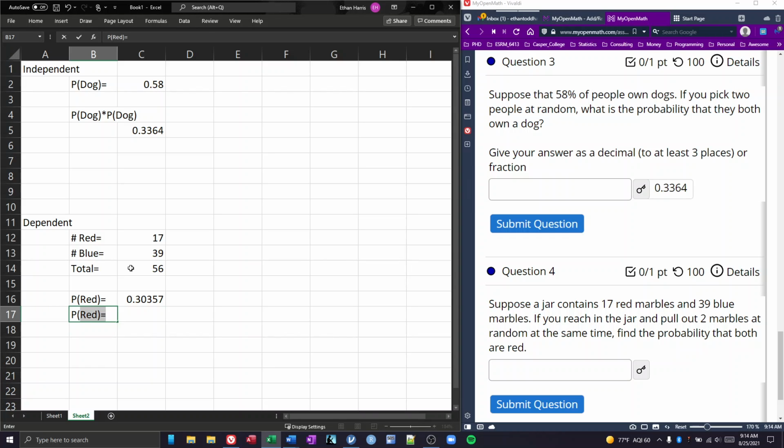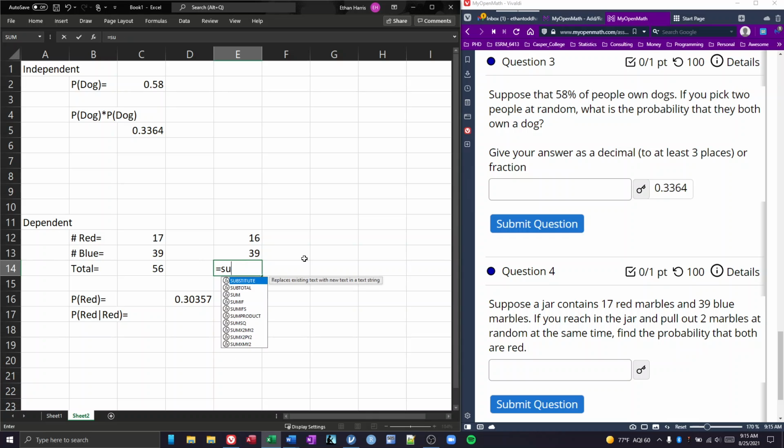So now it's like, what's the probability of pulling out a red marble given that we pulled out a red marble? Okay, so if this happens, now we're at a different spot. If we took one out, we are now at 16 reds, 39 blues, and you can also do equals sum if you want to just highlight them together.